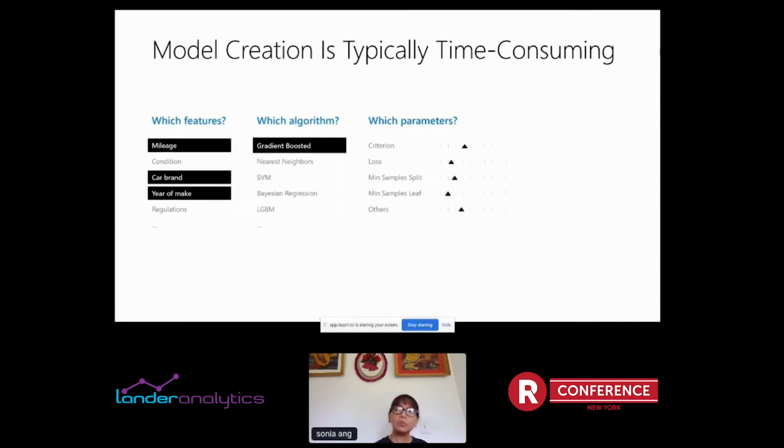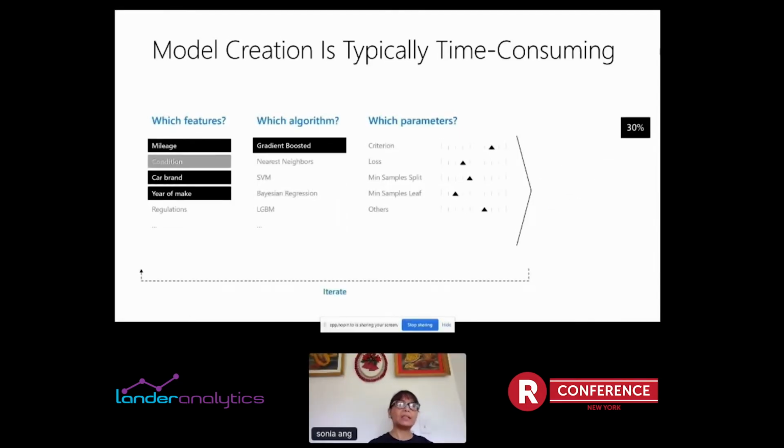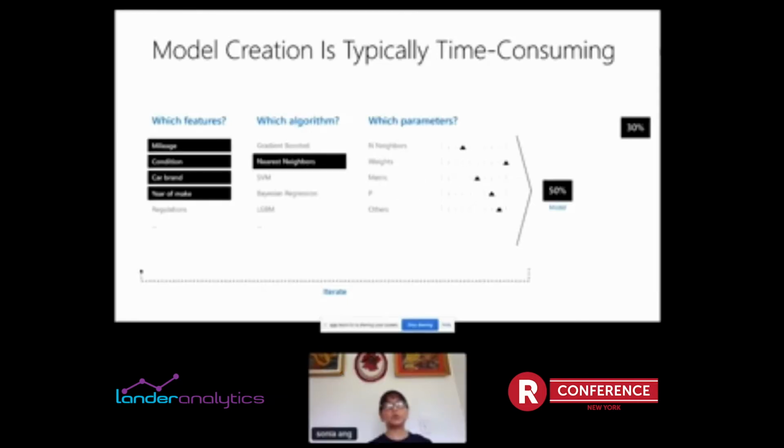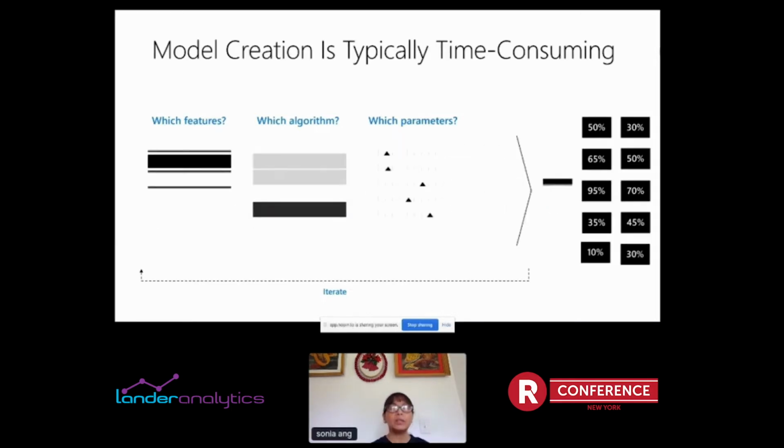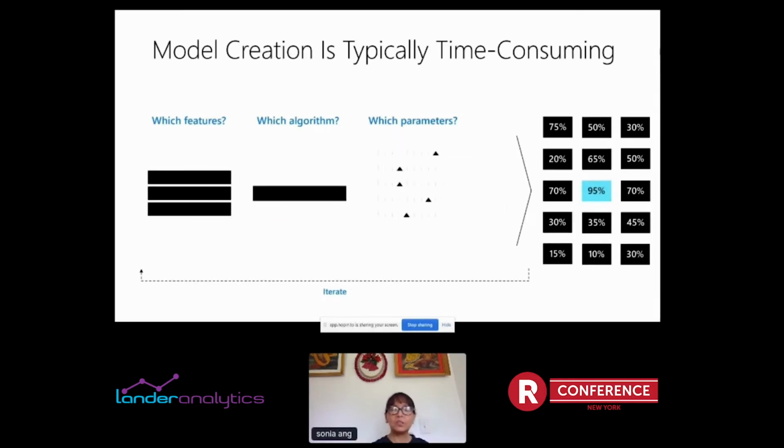And then guess what? You come up with a model that's not performing quite well. So what do you do? You iterate again and you add more features, choose another type of algorithm, and then tweak all these parameters that you have. And this goes on and on and on. And this is so iterative, time consuming. Well, then you will probably get a very good model at the end. But that was a lot of work.